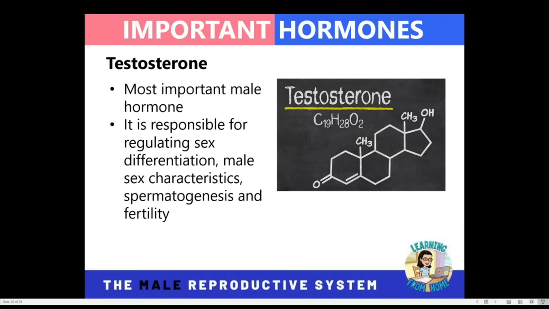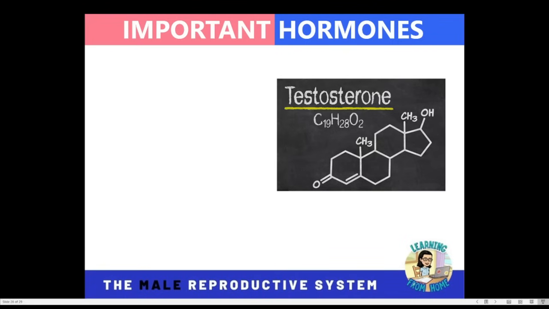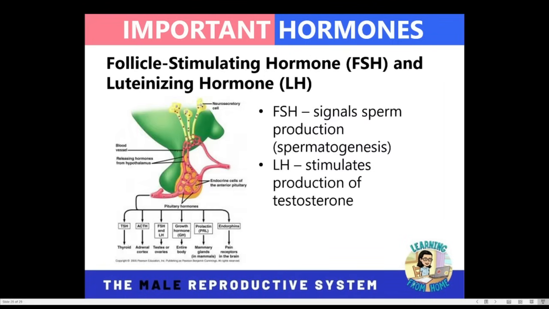But if we go back to the slide a while ago, sabi natin, kailangan meron munang utos galing kay pituitary gland na mag-produce ng testosterone si testes. So, una, si pituitary gland mag-send ng LH kay testes para si testes magpo-produce ng testosterone. So, yun yung parang process natin.